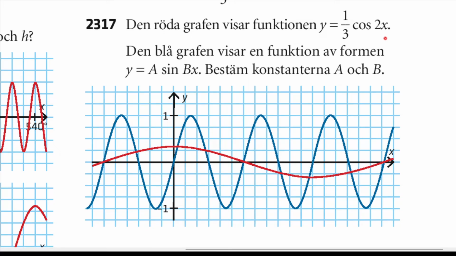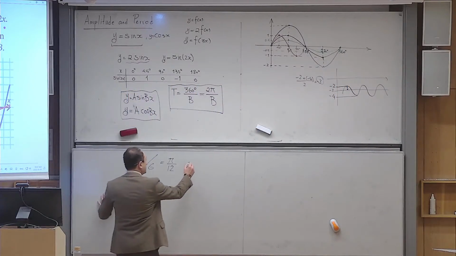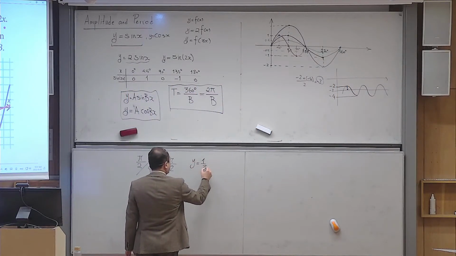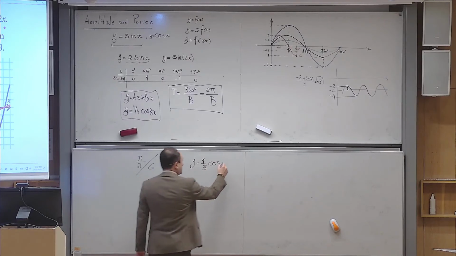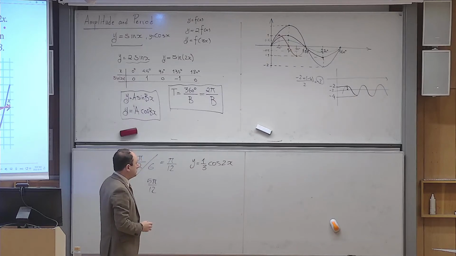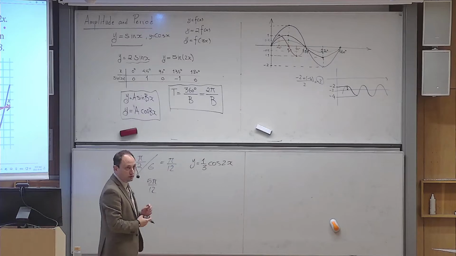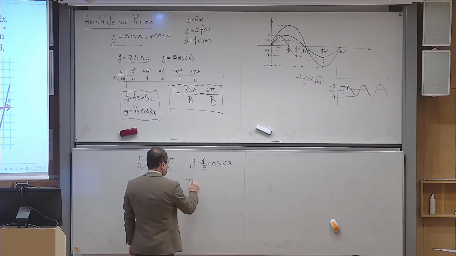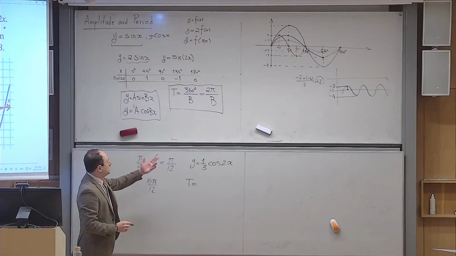So let me go to the board. So what is my function? My function is y equals 1/3 cosine of 2x. So this is my function. If I ask you what is the period of this function, you have the formula in the formula sheet. Here is on the board, yes? So T is equal to, I don't know if you want to work in radians or degrees.